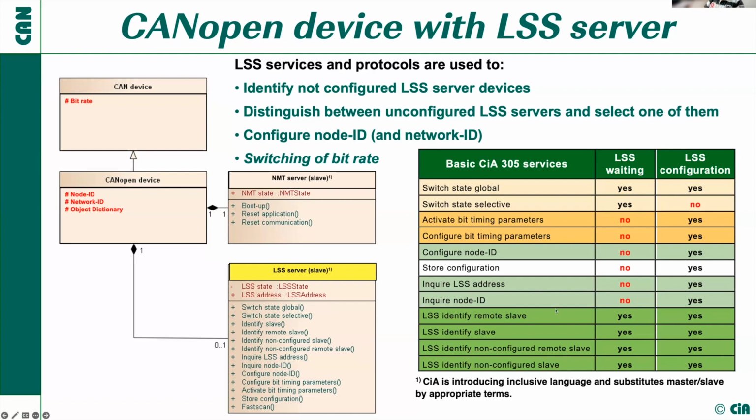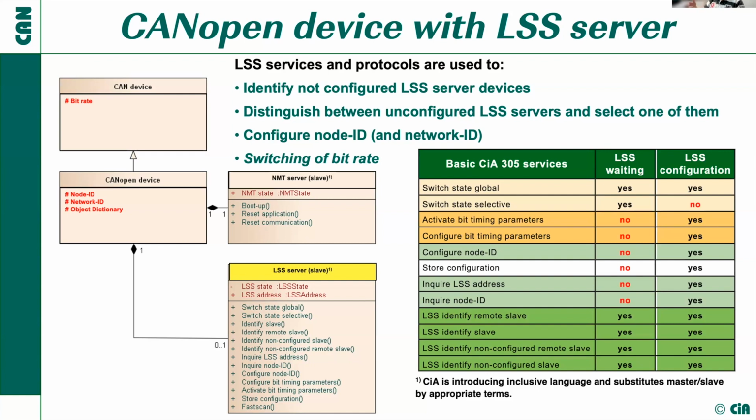So let's focus on the node ID assignment and network ID assignment. And we see here the initial approach of the layer setting services, CiA 305, provides us with a state machine, so a device that awaits to be treated by the LSS manager and shall get the node ID from this LSS manager.